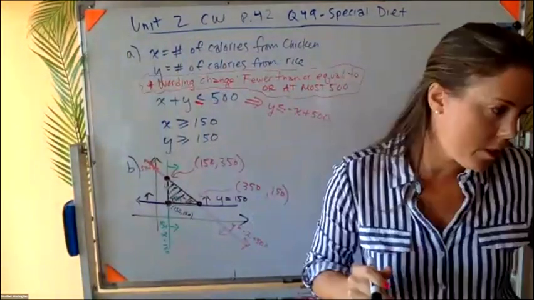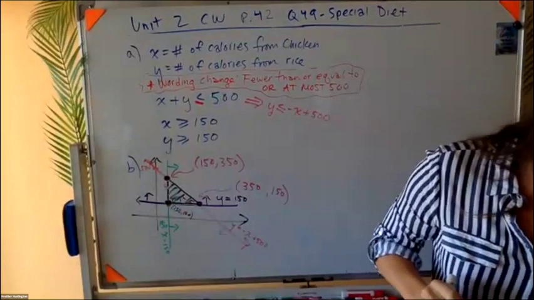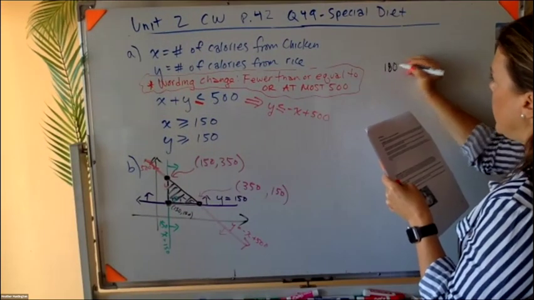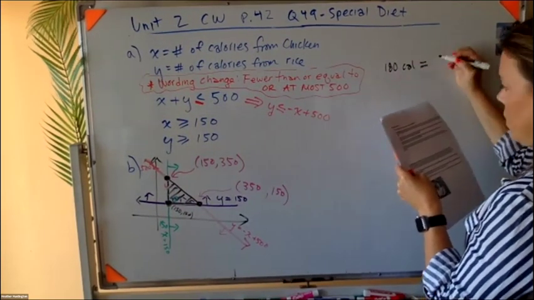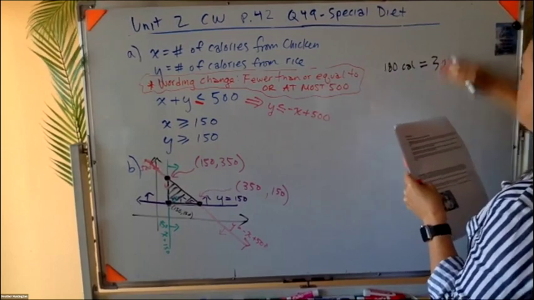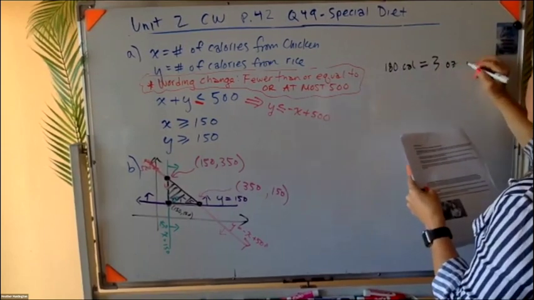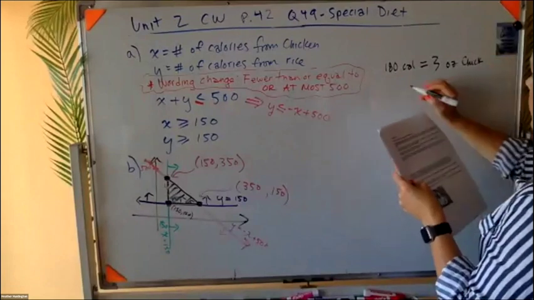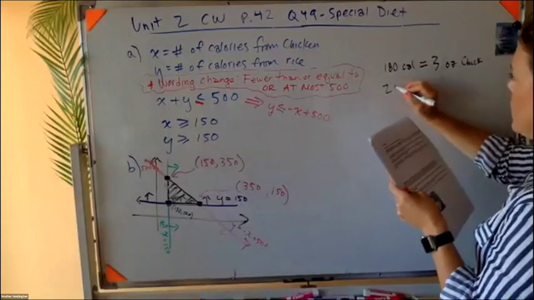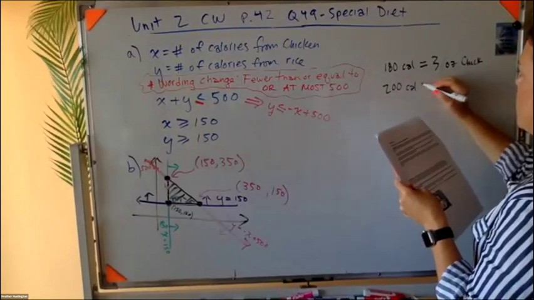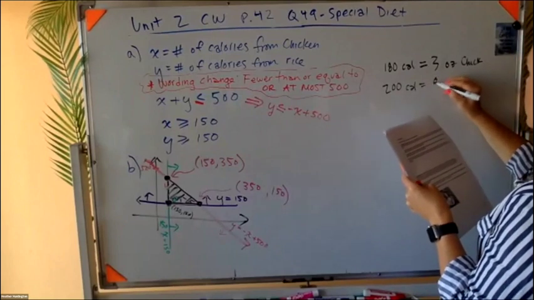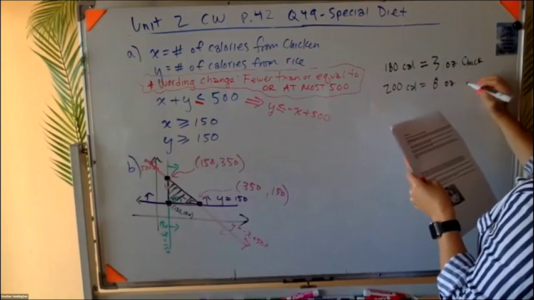On to part C. All right, so 180 calories equals 3 ounces of chicken, and 200 calories equals 8 ounces of rice.